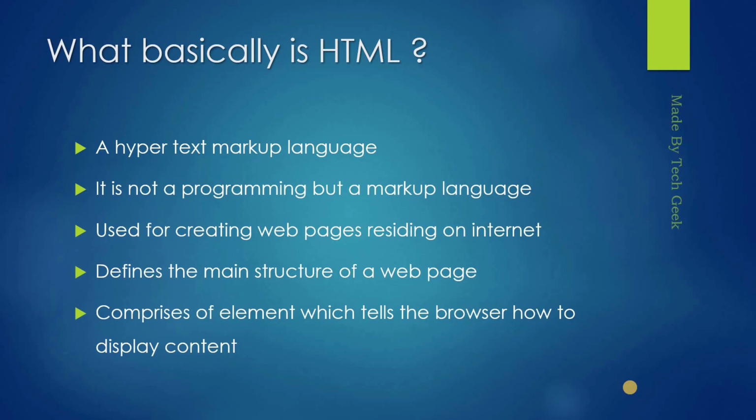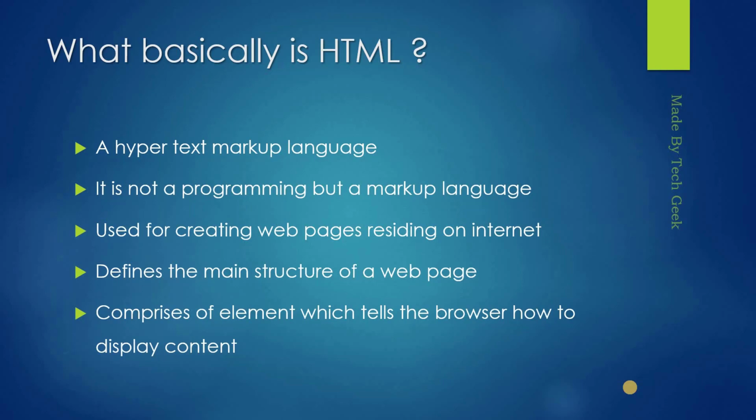For instance, if you want to search something on Wikipedia, it gives us web page links, which are basically built through HTML. All these web pages reside on a web server on the internet, and these are developed through HTML.